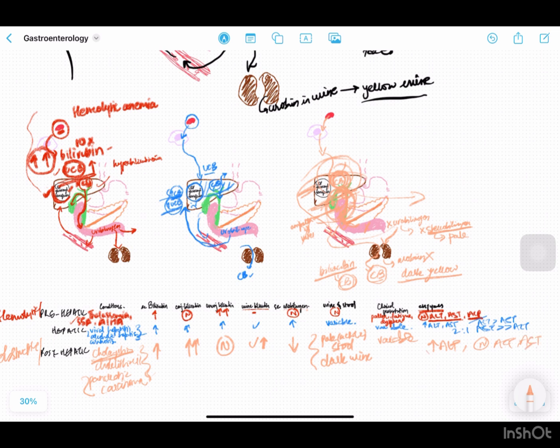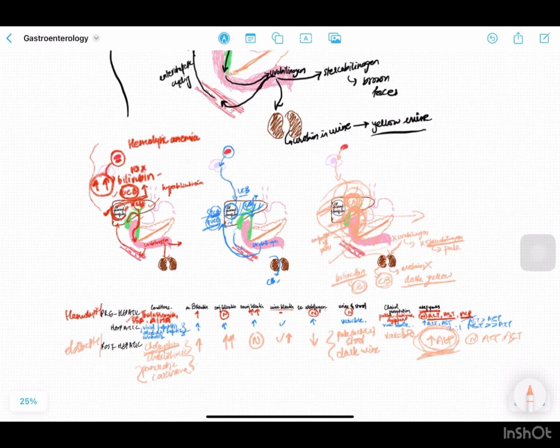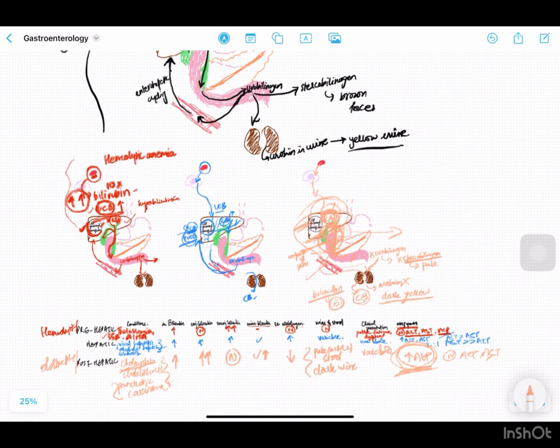And the thing is, ALP is an enzyme that is seen in the bile duct epithelium, yes, but this could also rise if there is a problem in the bones, because this is an enzyme that is possessed by the bone cells also. So to make sure that it is a bile duct pathology, we have to check the enzyme called GGT. So if you have a rise in both GGT and ALP, you can pretty much localize it to gallbladder disease.